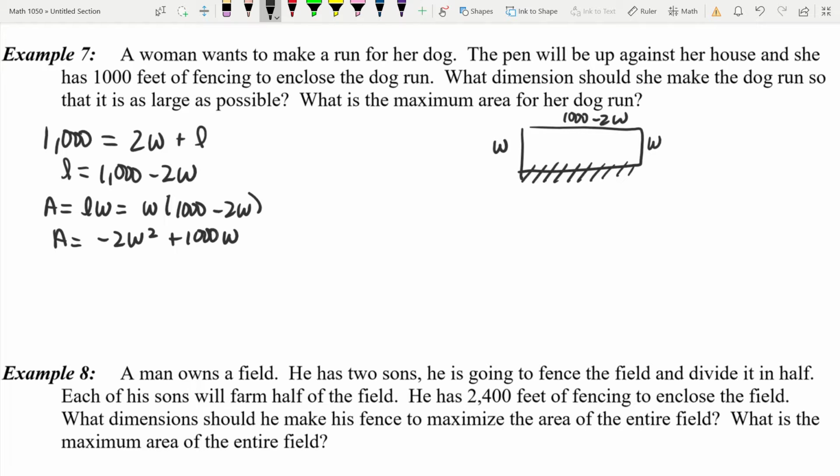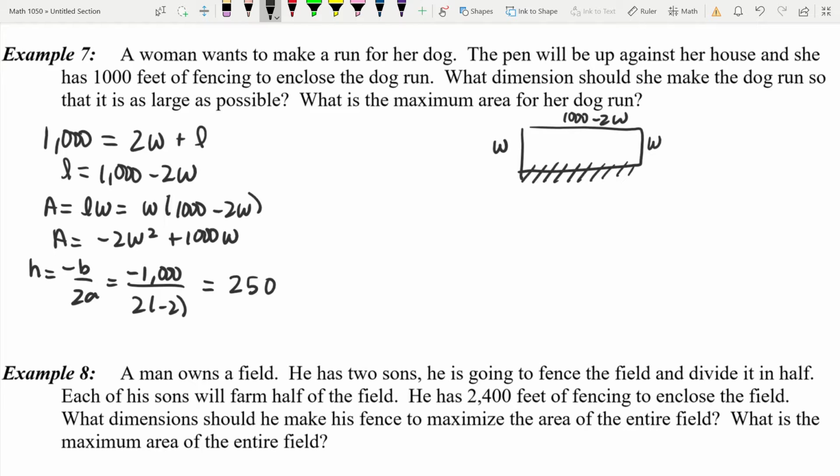Okay, now we're back to question 1 and 2 and 3. So I have to find my H, which is negative B over 2A. That's negative 1,000 over 2 times negative 2. 2 negatives make a positive. 1,000 divided by 4 is 250.